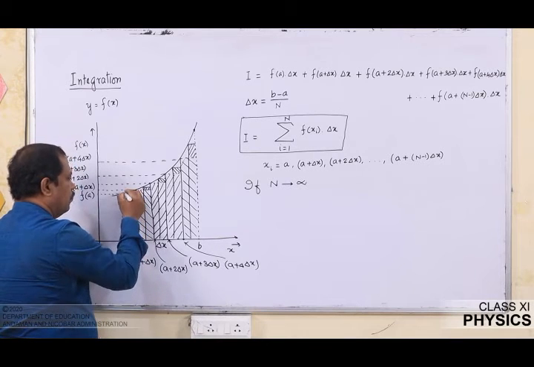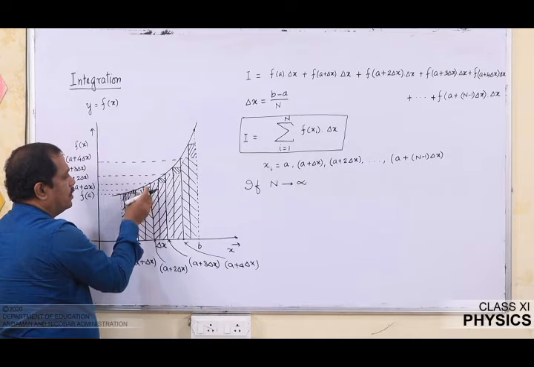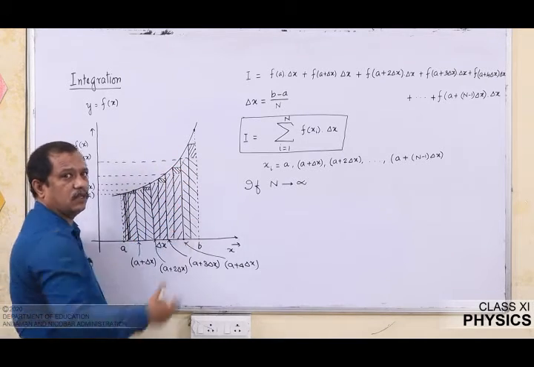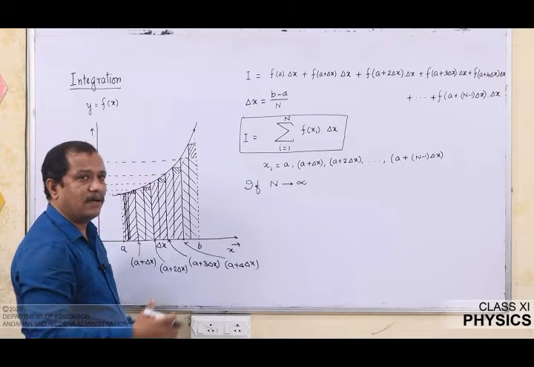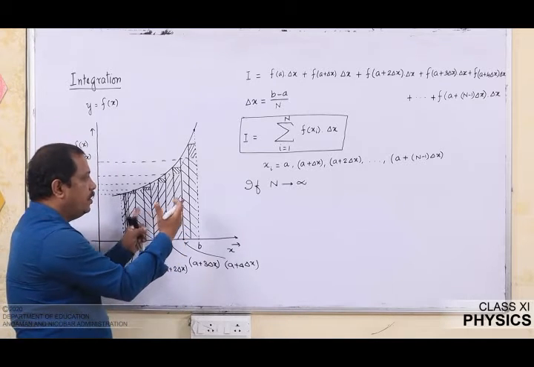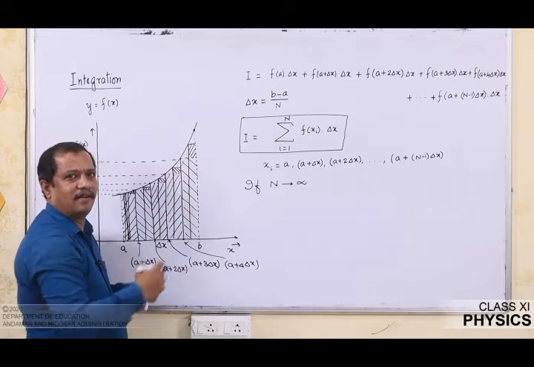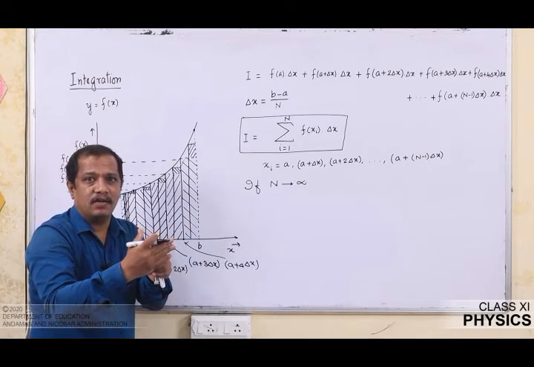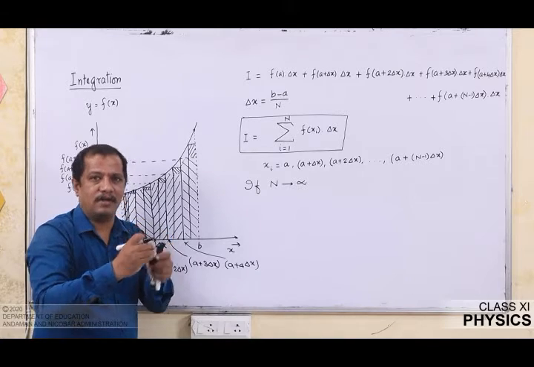strip very small. I know when the strip was very large, the amount of area left out of the calculation was more. But as I was making the width of this strip smaller, the left out area from calculation was growing smaller and smaller.